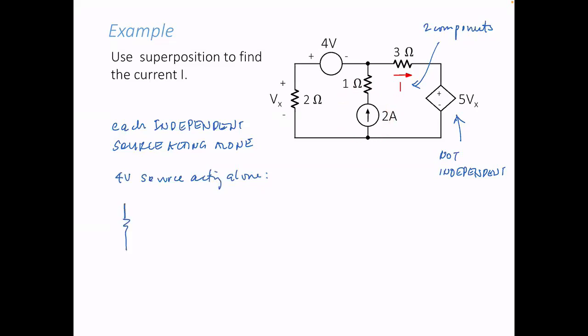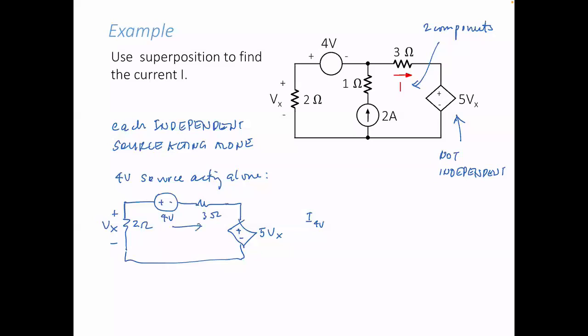I just have 2 ohms, 4 volts, 3 ohms, 5 Vx, where this is Vx. Okay. So I due to the 4 volt source. This is I due to the 4 volt source.